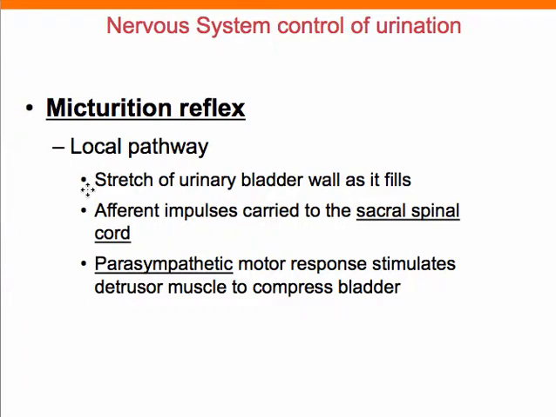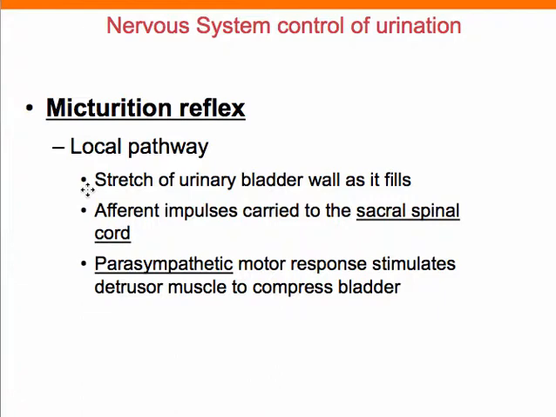The local pathway is when the urinary bladder starts to fill, it stretches, it signals mechanoreceptors. Those receptors send afferent impulses to the sacral spinal cord, so the bottom part of the spinal cord. And the neurons at that level have motor neurons that respond, and they cause the detrusor muscle to contract and compress the bladder.